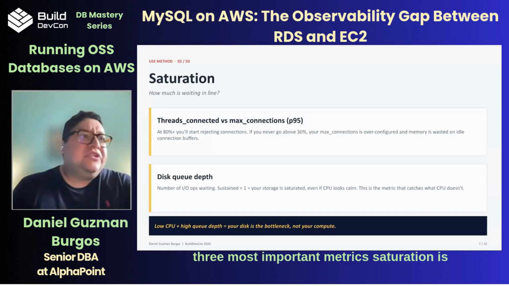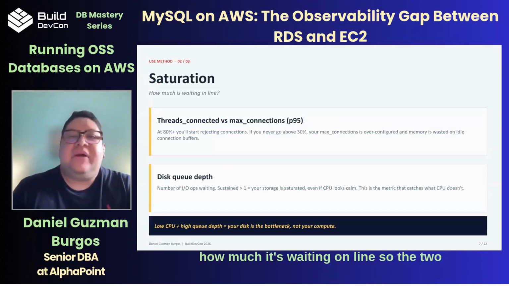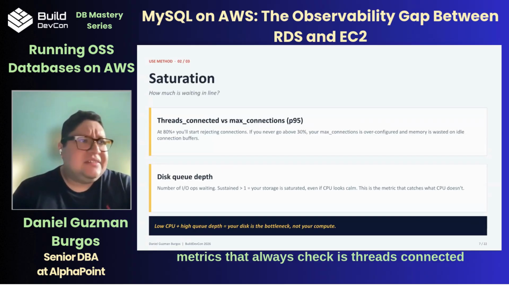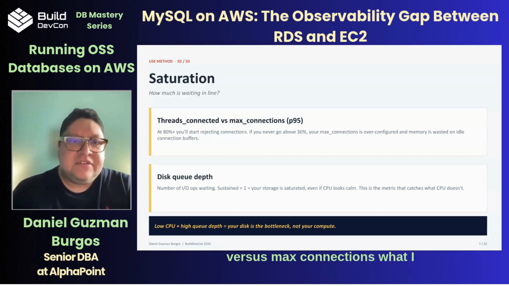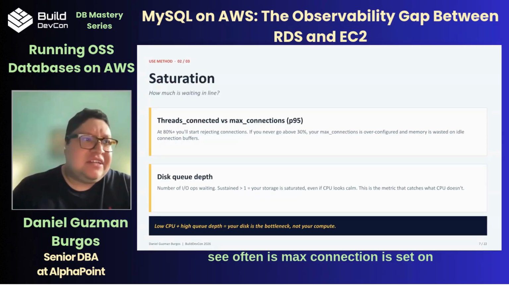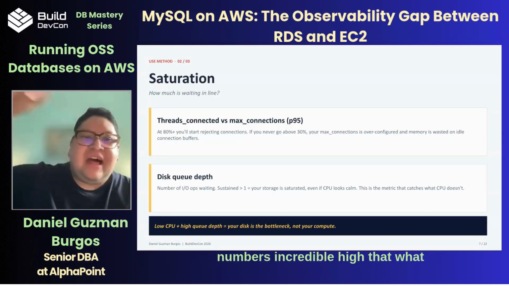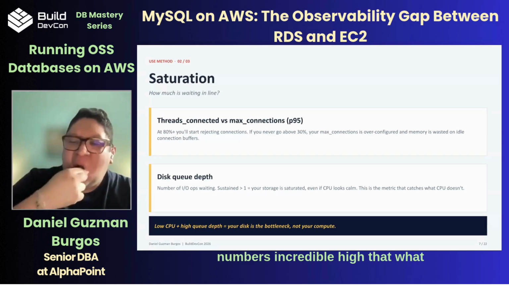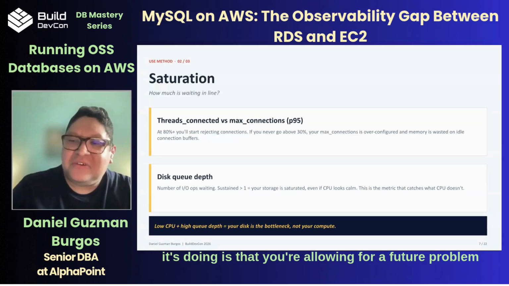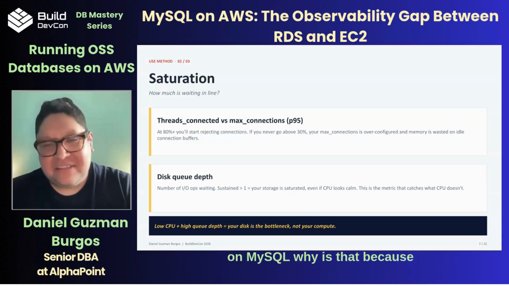Now, saturation is how much it's waiting in line. So the two metrics I always check are threads connected versus max connections. What I see often is max connections set to incredibly high numbers, and what that does is allow for a future problem on MySQL.